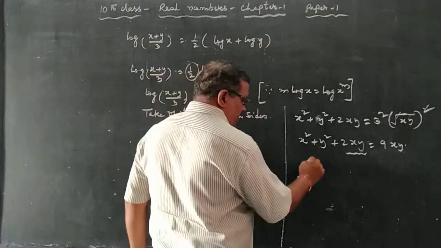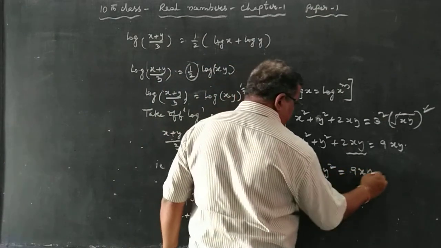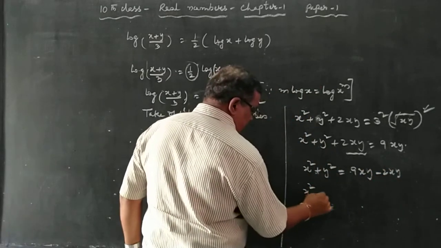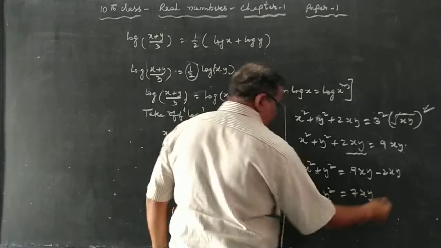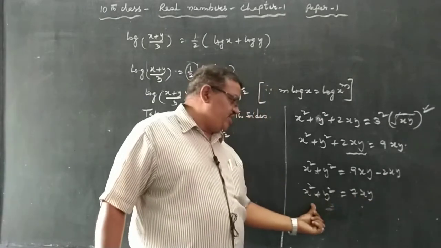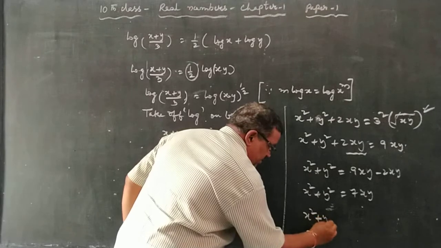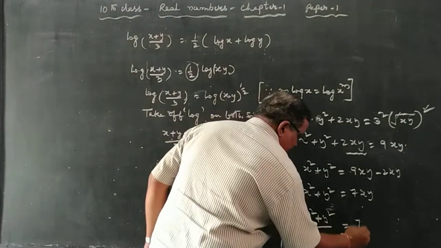You get x square plus y square equal to 9xy minus 2xy, that is x square plus y square equal to 7xy. Let us transpose xy to the LHS. You get (x square plus y square) by xy equal to 7.